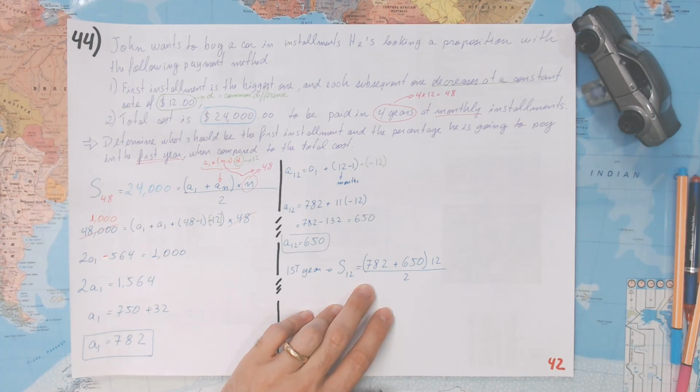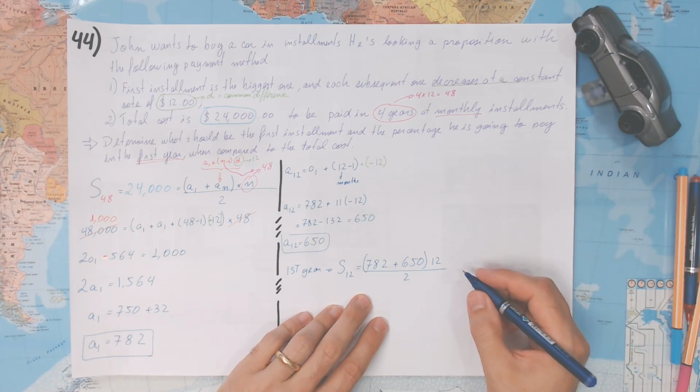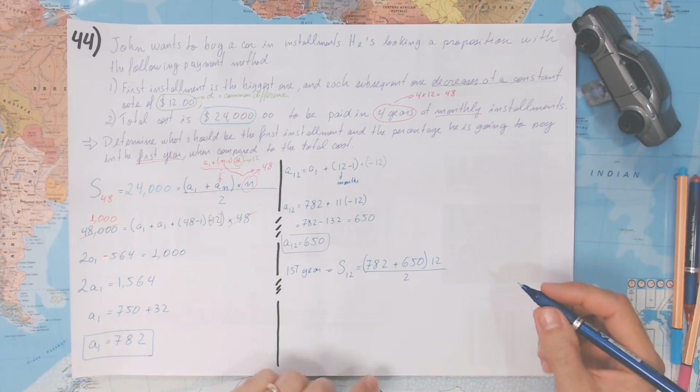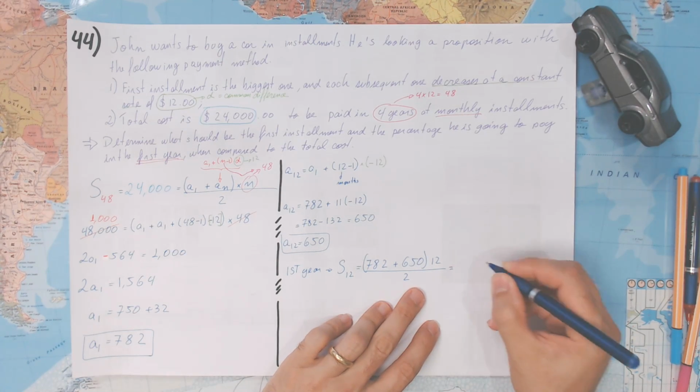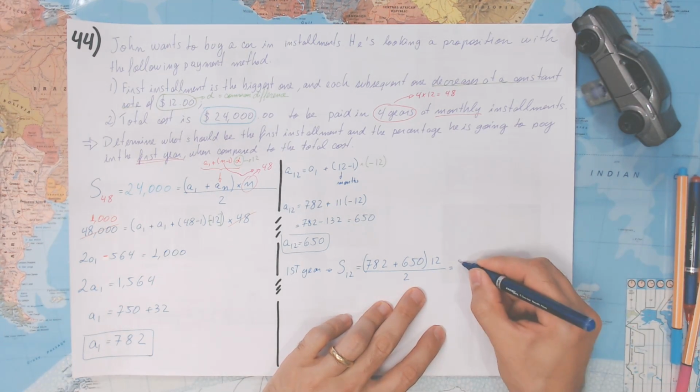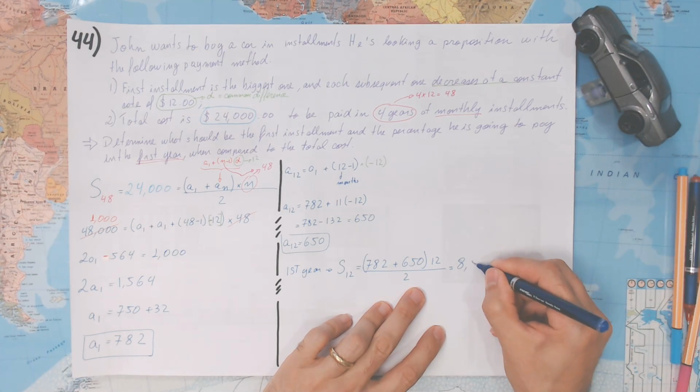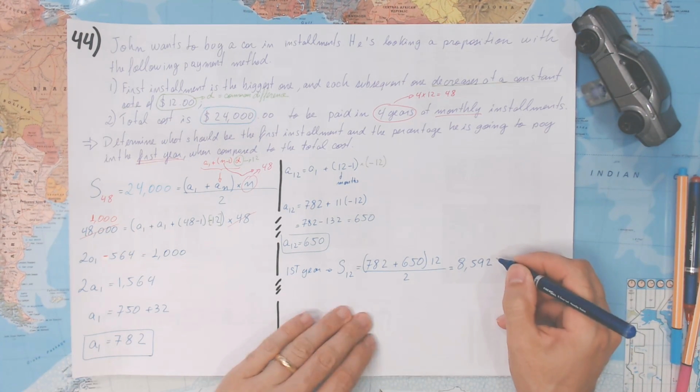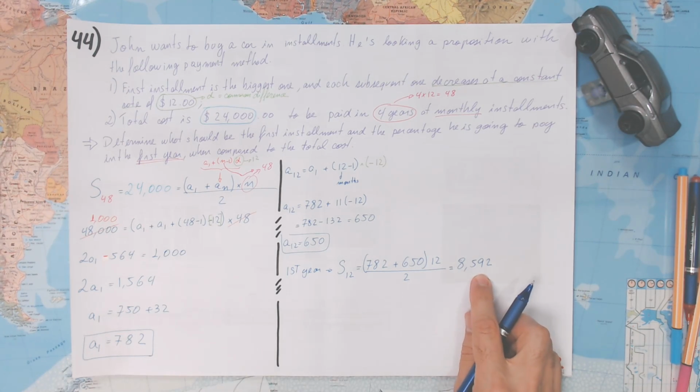Okay? And that is going to be, let's make in here, yeah, 8,592. So what he's going to pay in the first year is going to be this.